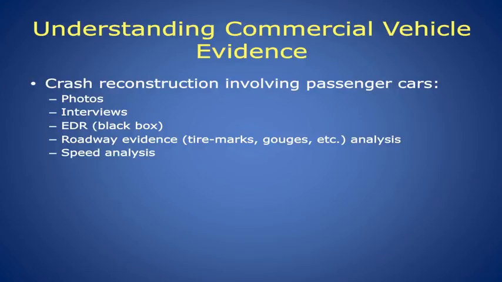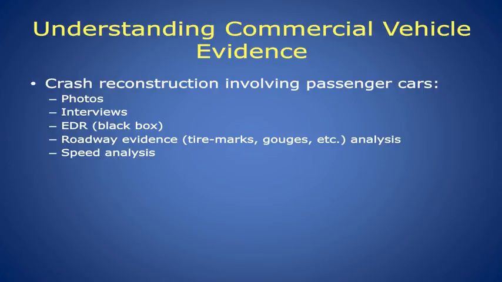The roadway evidence is the same with a passenger vehicle crash versus a commercial vehicle crash. You need to get out and collect the evidence as it relates to tire marks, gouges, etc. Tire marks and gouges are going to give you a good indication of the direction of travel of these vehicles, maybe pre-impact, but certainly post-impact.